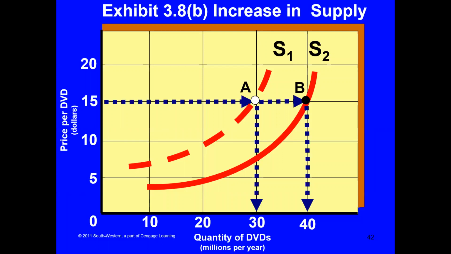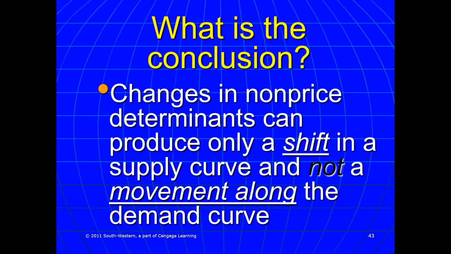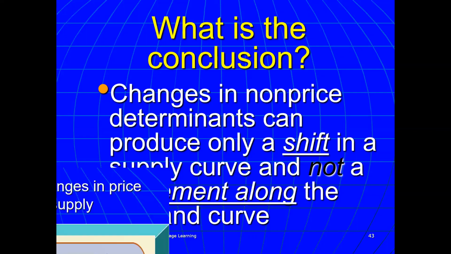That can cause a shift of supply to the right. So it has to be something other than price causing a shift, like more workers, more technology, for example. And a shift means a whole new supply curve.